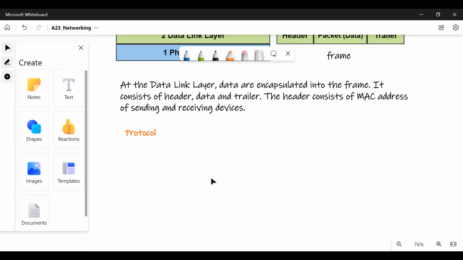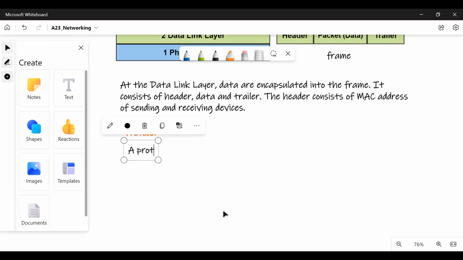And for that, there are many protocols, and we are now going to talk about the MAC protocol. We normally use this for common shared medium communication, and then we can minimize the collision, right? So let's write down under this one, the protocol.